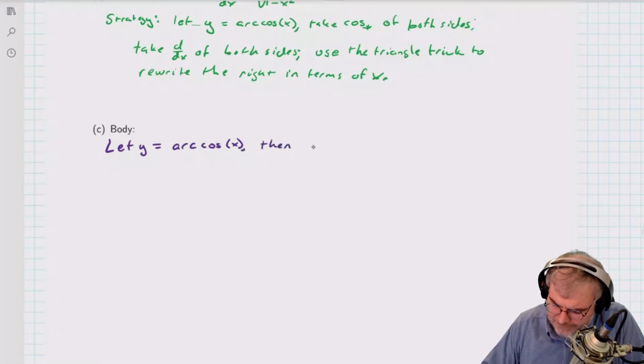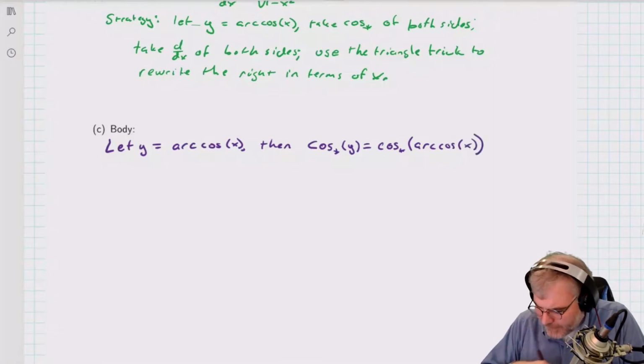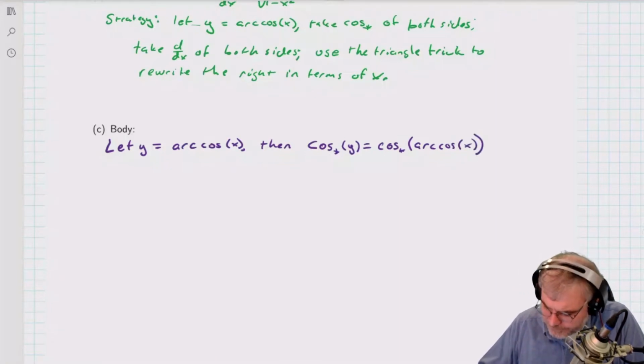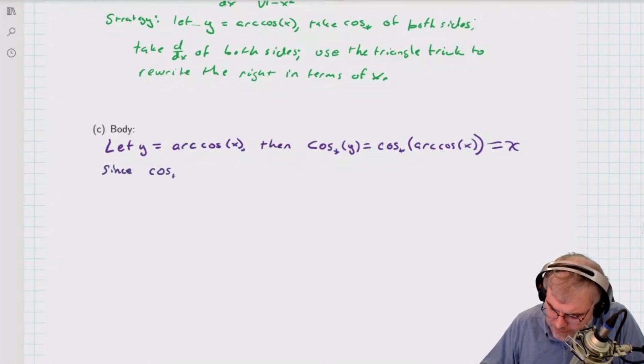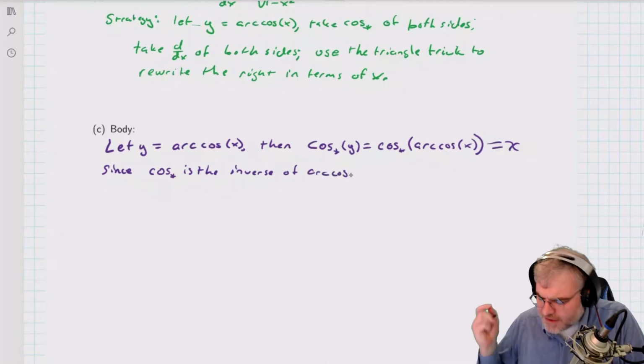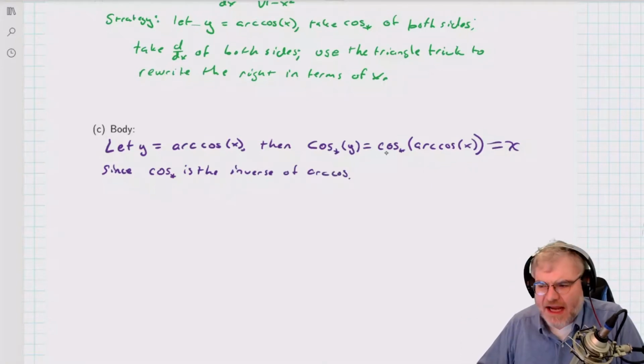Then cosine star of y equals cosine star of arc cosine of x, which equals x, since cosine star is the inverse of arc cosine.